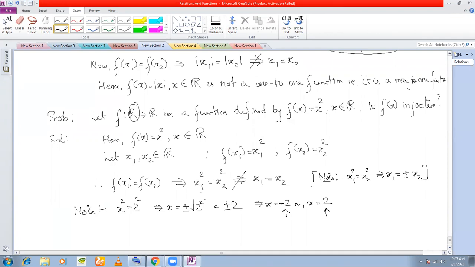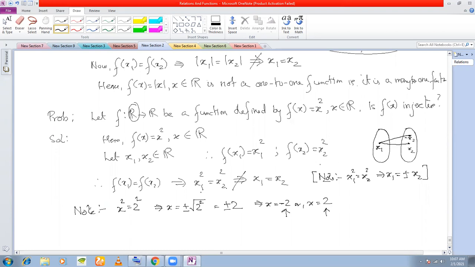So when you're drawing the function, what kind of a function is this? So this is your say x1 here in this domain set, and you have x2 here, and say a minus x2 here, right? Then what happens? x1 is going to x2, minus x2, and x1 is also going to x2.